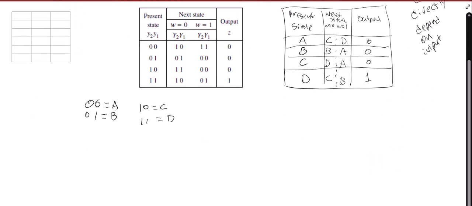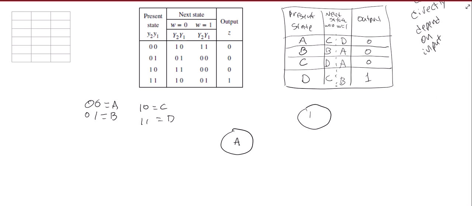When I draw my state diagram, I'll have my states A, B, C, and D. Because my output depends just on the state that I'm in, I can put the output right there on my state diagram.